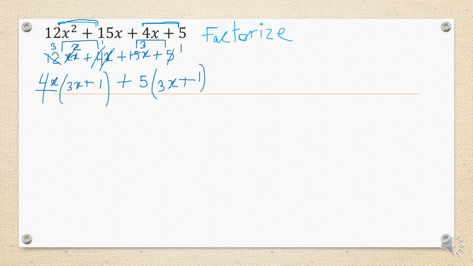Put the outside terms in brackets: 4x plus 5 in one brackets. Look at my x. And then what goes in the other brackets? 3x plus 1. And there we have it.